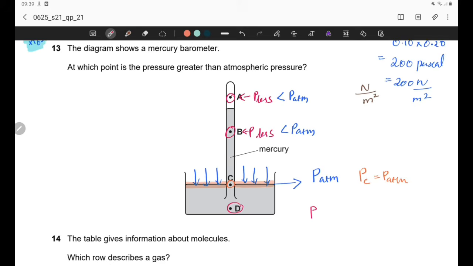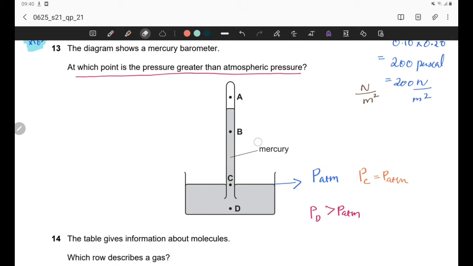That means the pressure at D must be greater than the atmospheric pressure. So we need to identify at which point the pressure is greater than the atmospheric pressure. Only at point D, as it lies below the level of atmospheric pressure, it will have more pressure. Therefore the correct answer is option D.